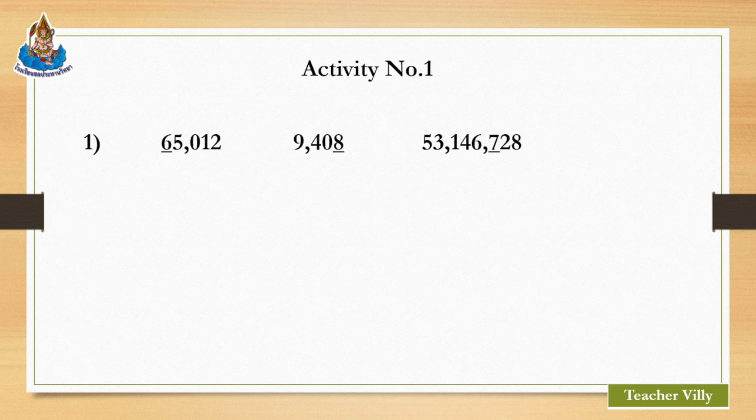Alright, so the first number, 65,012, has the digit 6. That is the underlined digit. What is the value of the digit 6? Right, 60,000.